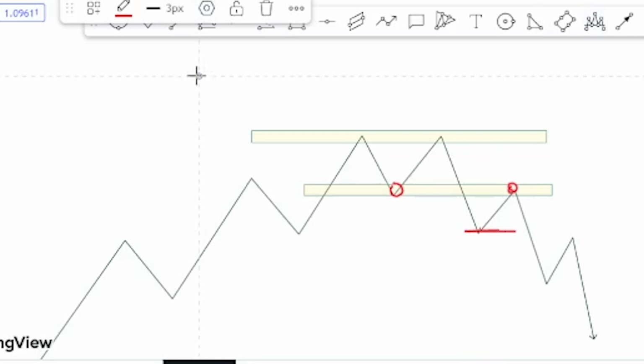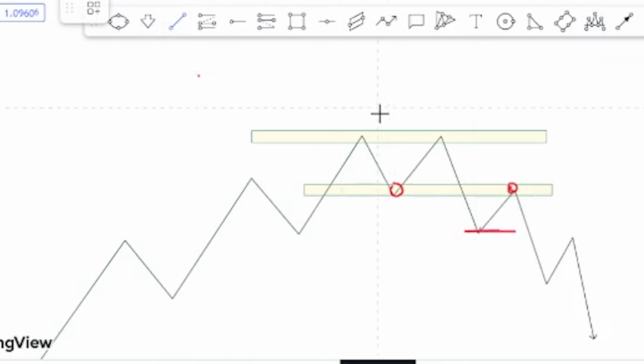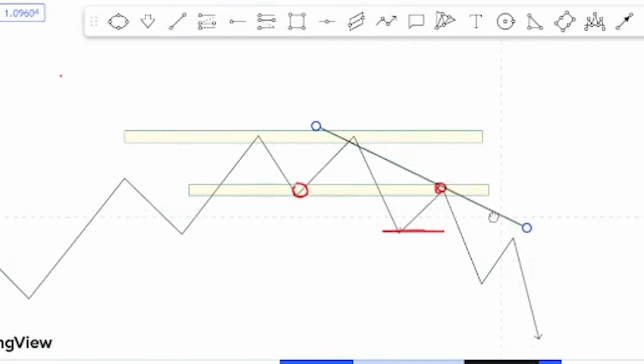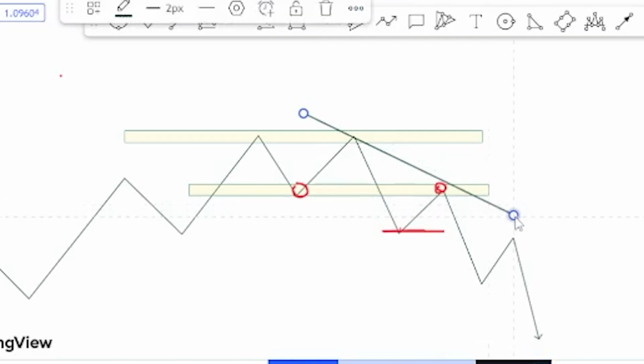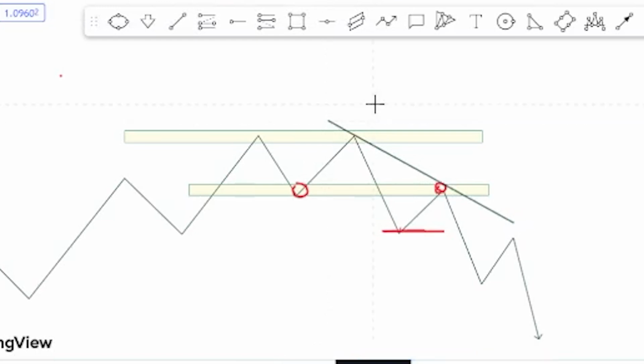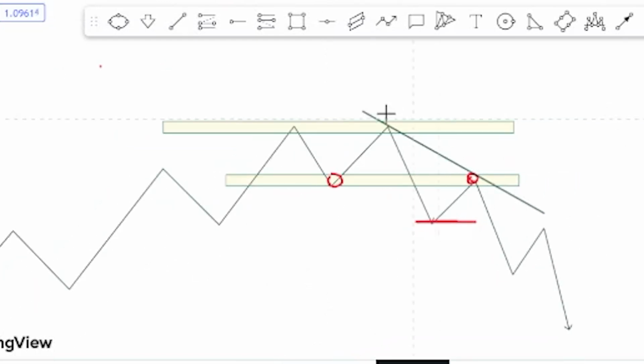Let's connect even this one. Remember, in our previous videos, we talked about the trend line. If you connect a trend line from this area to this one, it will confirm that we have now begun to go downside.